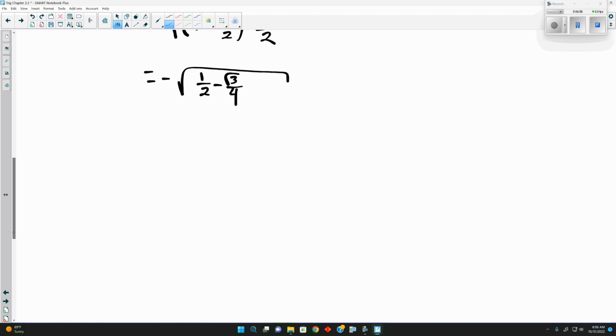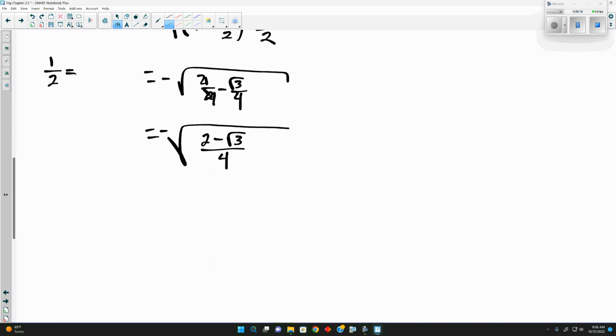Now for us to be able to combine like terms here to make it one fraction, we do need to change 1/2 so that the denominators are the same, which is really making this into 2/4, which is going to give us 2 minus the square root of 3 over 4. Because 1/2 is going to be the same as 2/4.